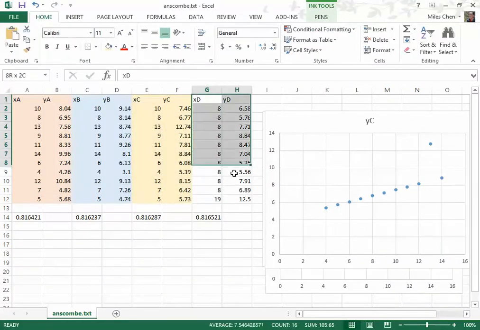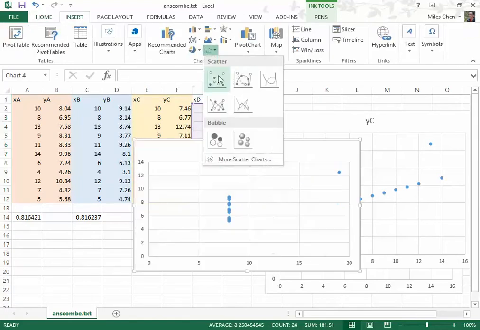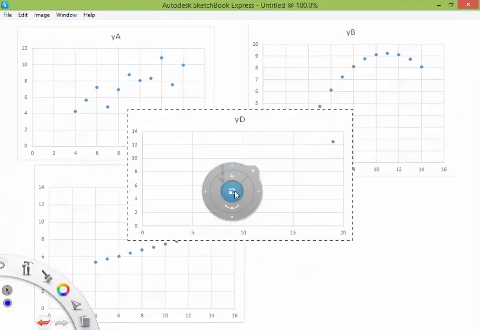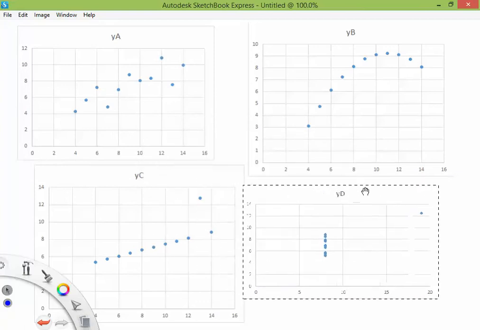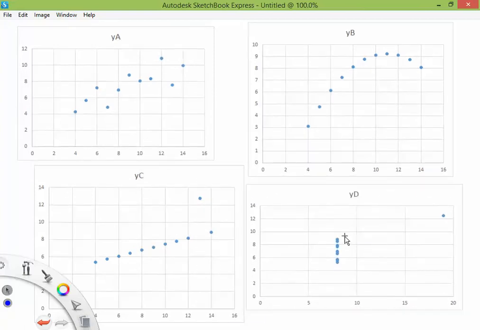And let's look at this last one here. Okay, what's going on here? Remember, we're trying to see if there's a relationship between X and Y, okay?